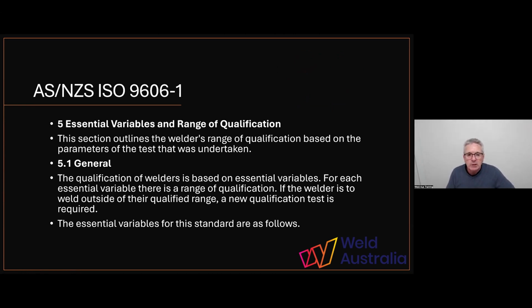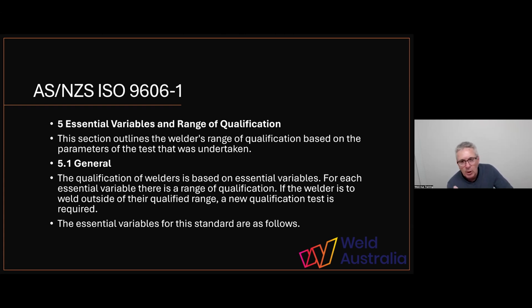So the qualification of welders is based on essential variables. For each essential variable is a range of qualification. If the welder is to weld outside their qualified range, a new qualification test is required. The essential variables for the standard are as follows.